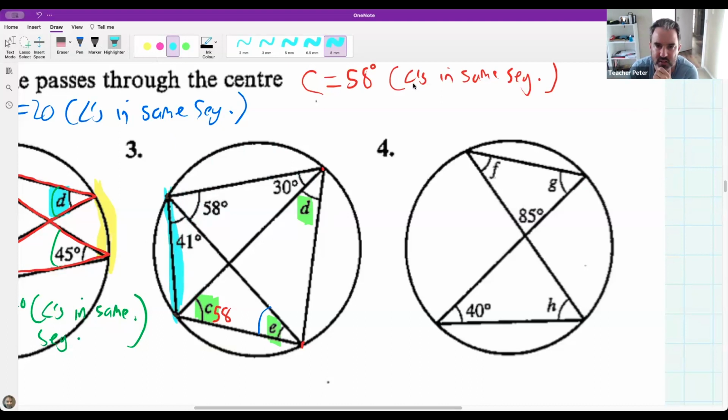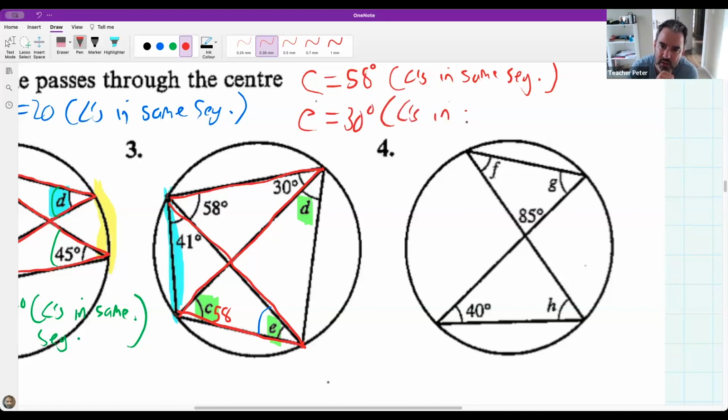So just so I have some sense of how that works, there's the angle 30, and there is an angle subtended by the blue chord over here, and it feels to me that E must be 30, angles in same segment. Okay, so E has a friend, C has a friend. What about D? What is D going to be?